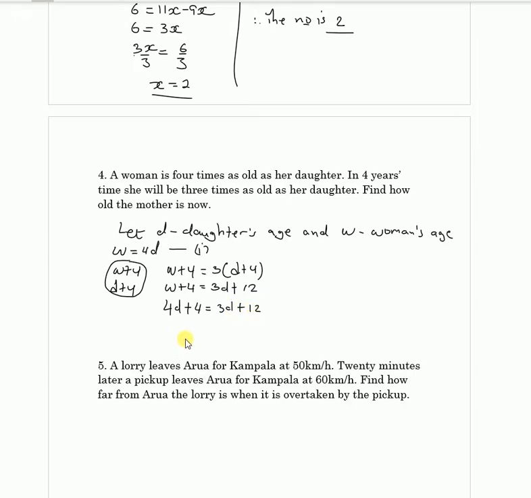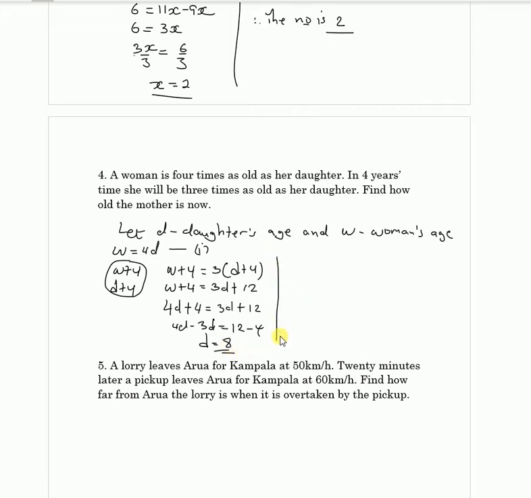And now let us take the 3D to the left so that we can collect like terms together. So I have 4D minus 3D equal to 12 minus 4, such that now 4D minus 3D is D. D is equal to 8. So the daughter's age is 8.